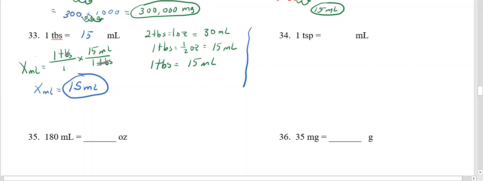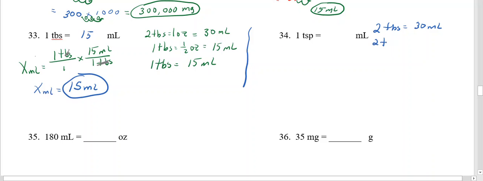So we can use the same type of thought process we have here. I know that 2 tablespoons equals 30 milliliters, and I know that from this over on the left.